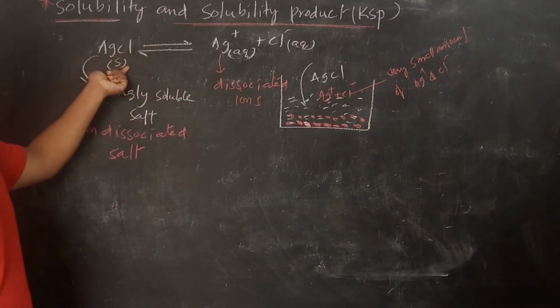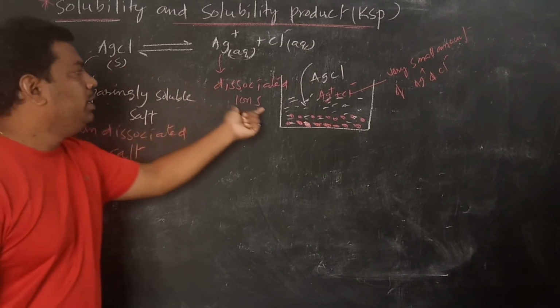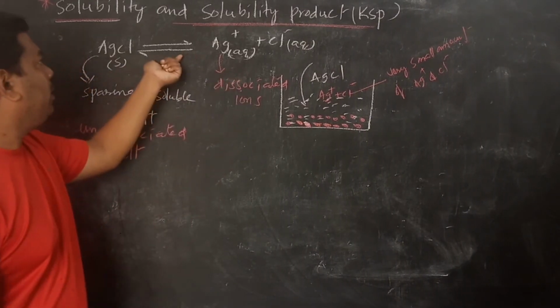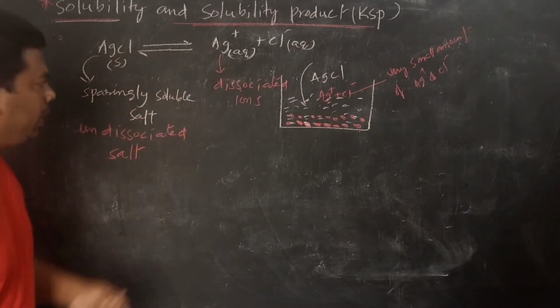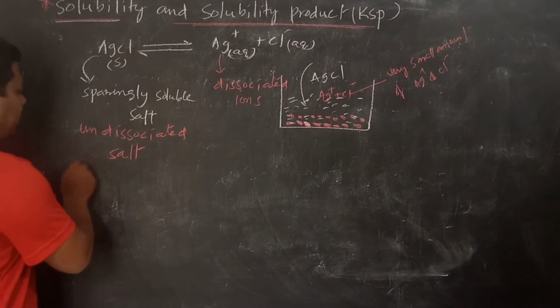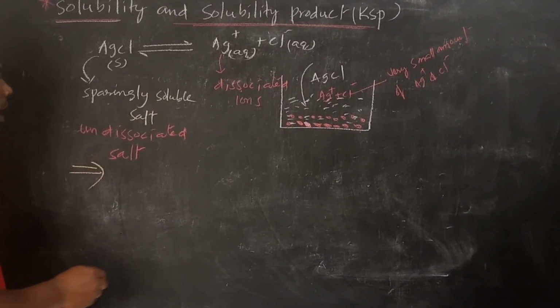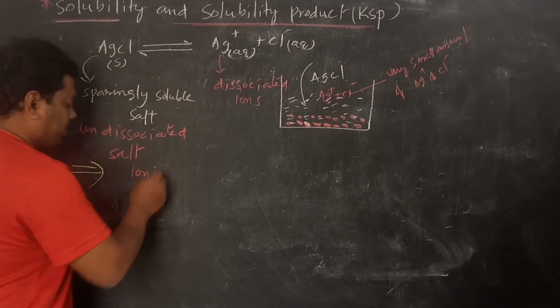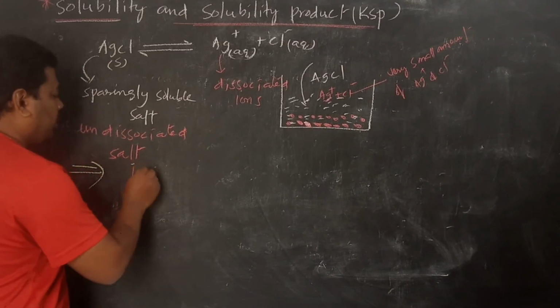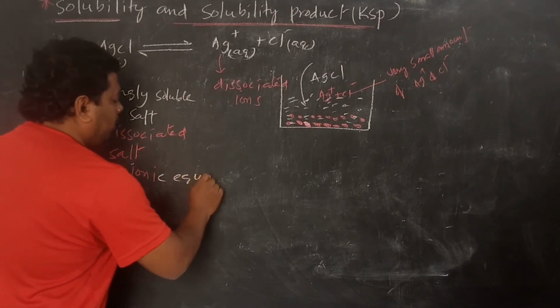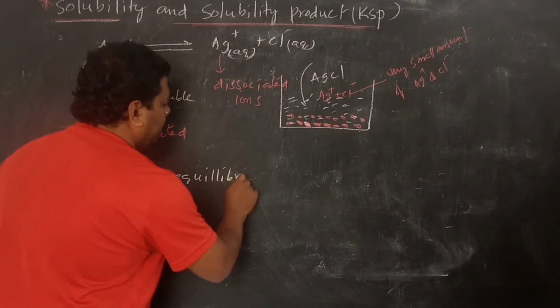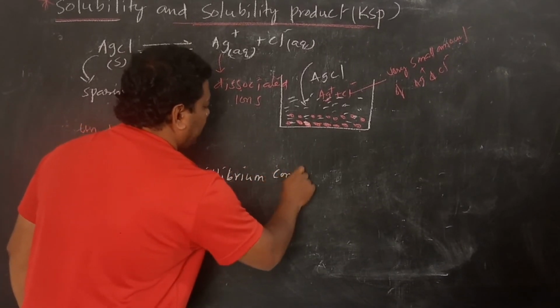These undissociated salt and dissociated ions are present in equilibrium. So we can explain this based on the ionic equilibrium concept.